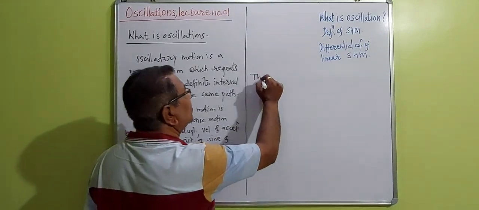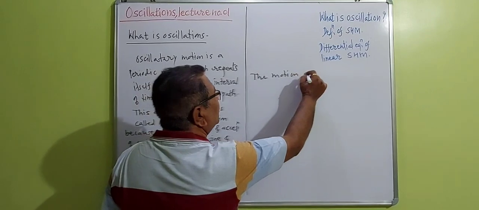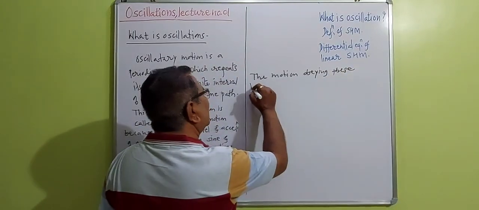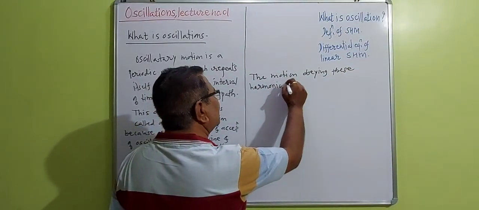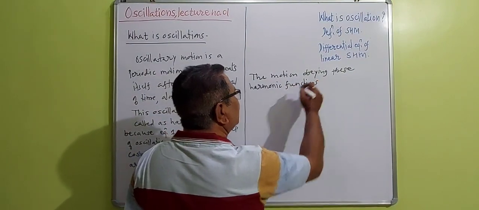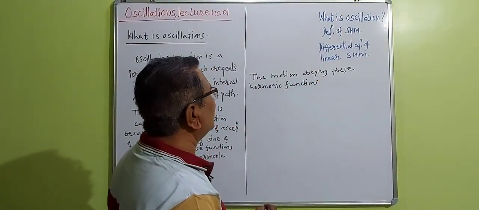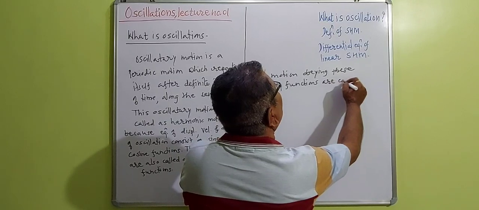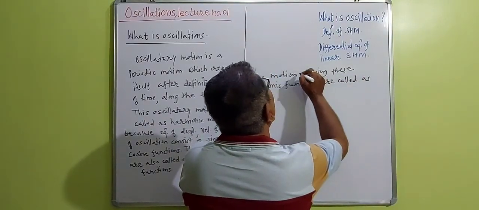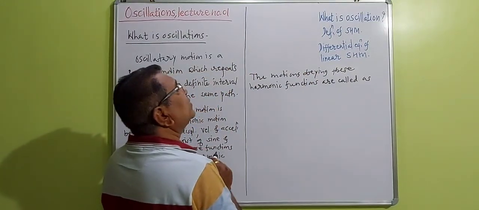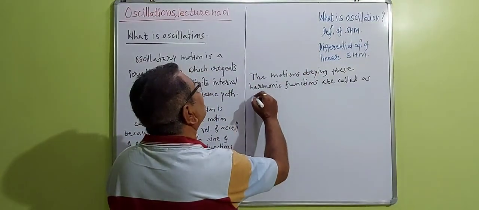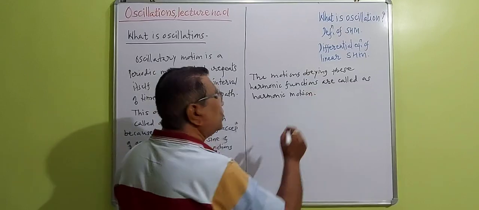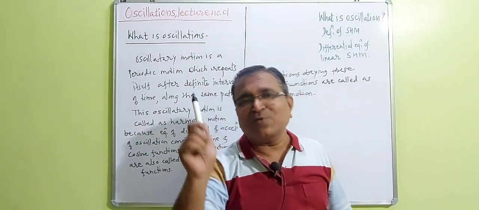The motion obeying these harmonic functions is called harmonic motion, or the best way we can say, simple harmonic motion.